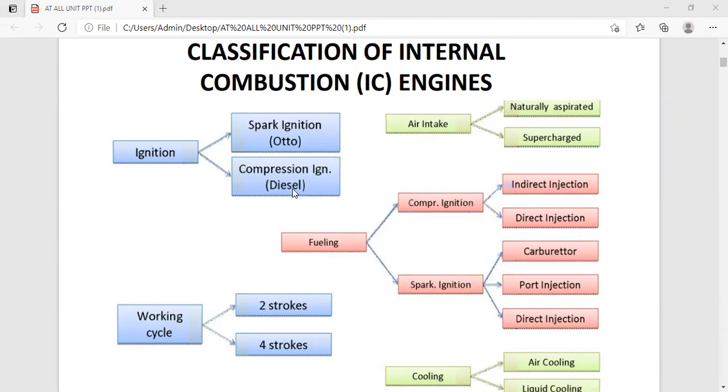The third one, which is not included in your syllabus, is the hotspot ignition engine. Next is the classification according to the working cycle: there is the Otto cycle and the diesel cycle, and sometimes the combination of the Otto cycle and diesel cycle, which we call a dual cycle.